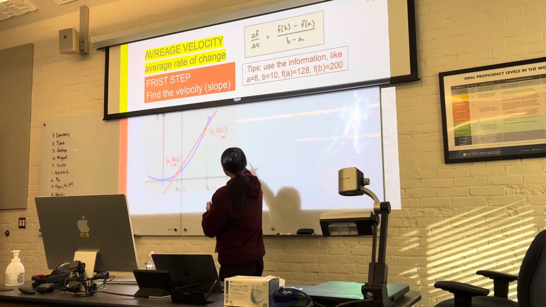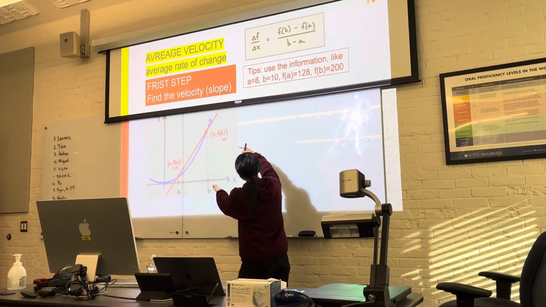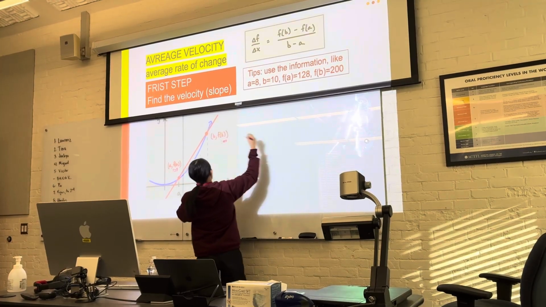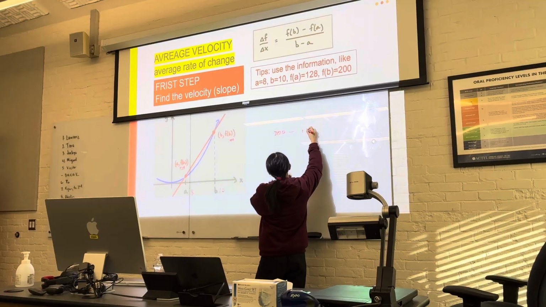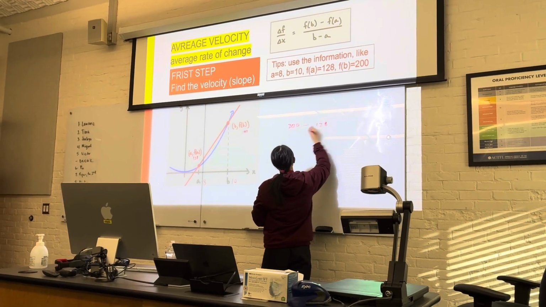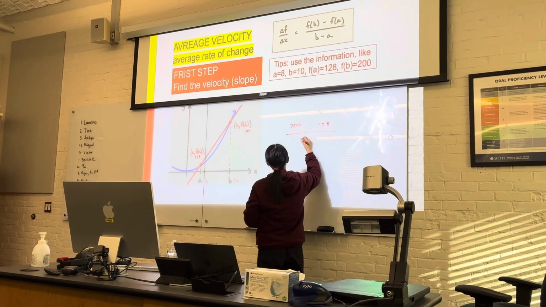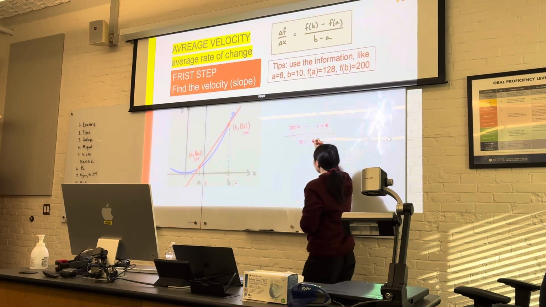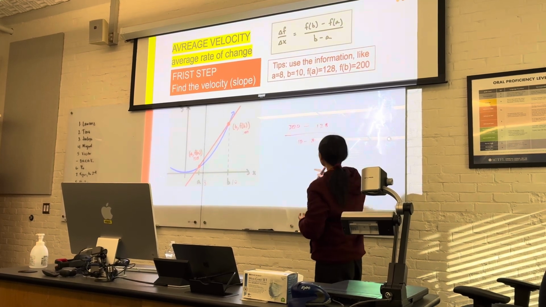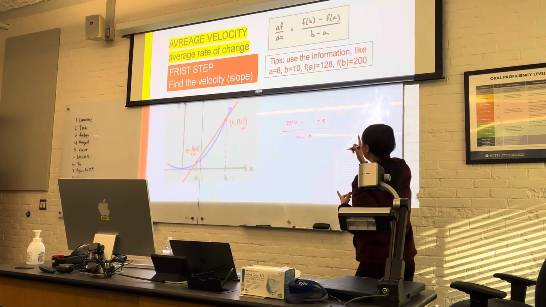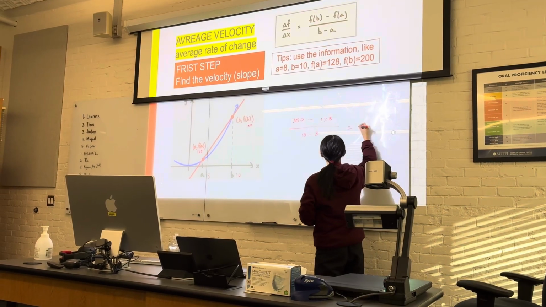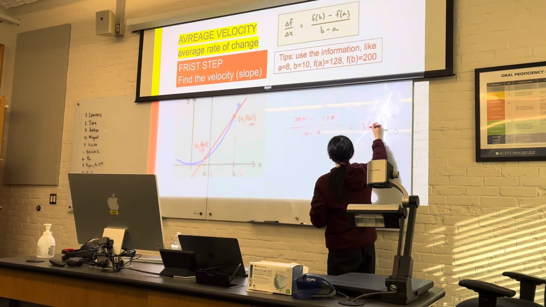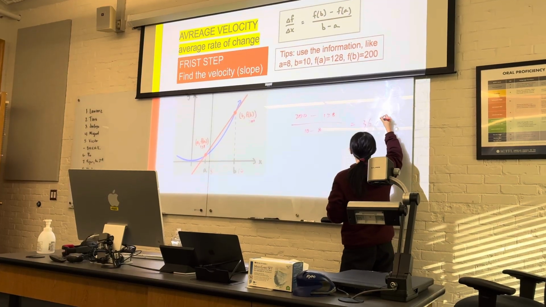And you can know the distance is 200 minus 128, divided by 10 minus 8. And you know the velocity is the distance divided by time. And you can find out your average rate of change.